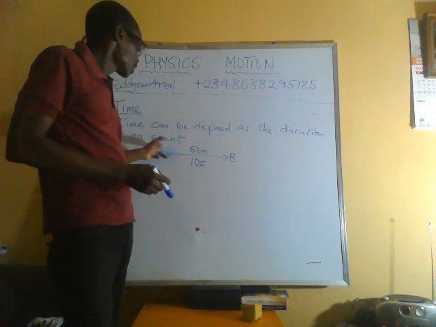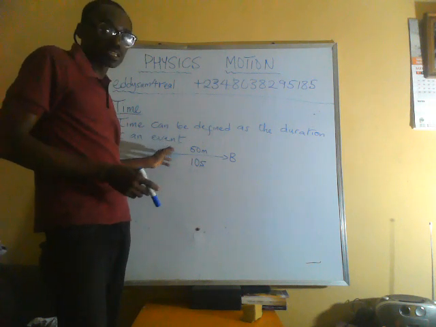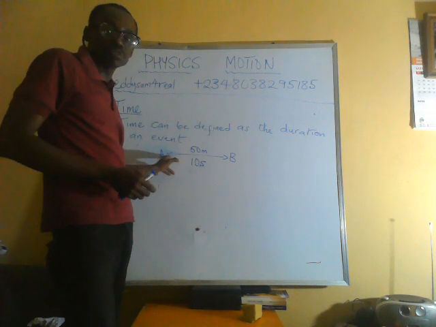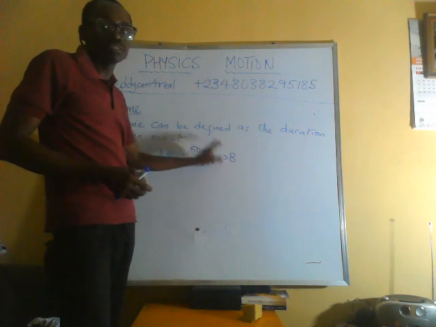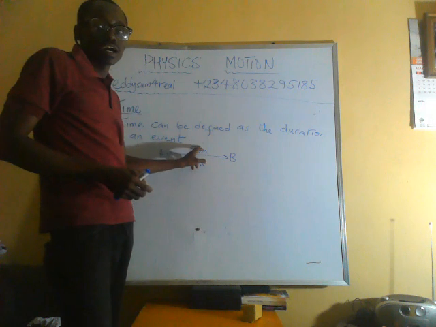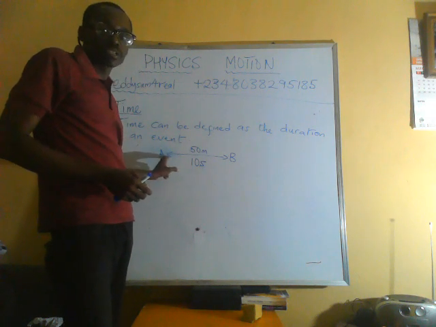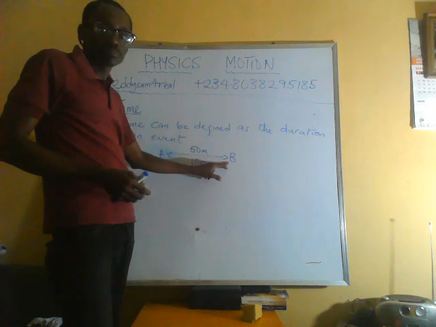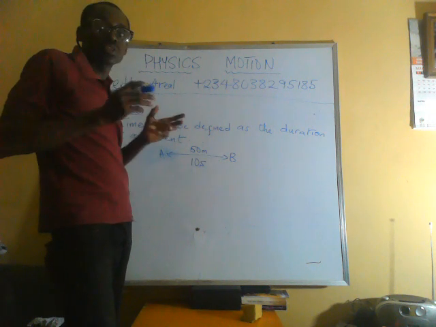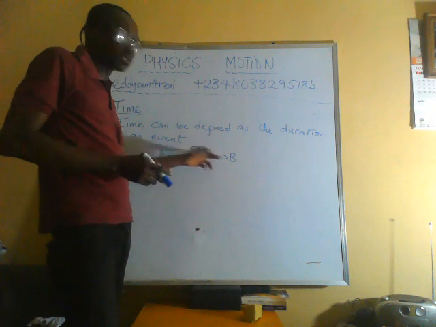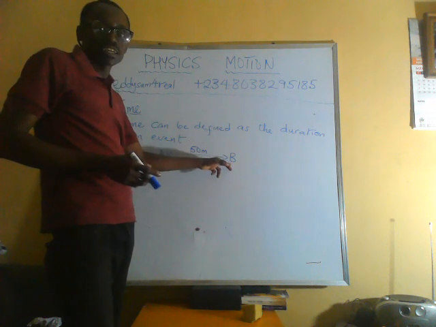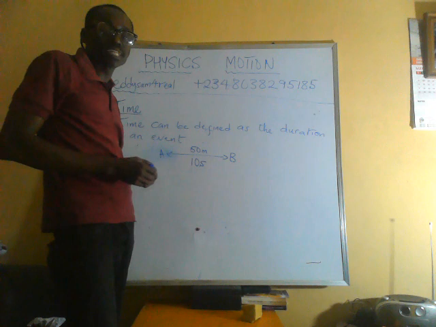Take for instance, let's assume that the distance between a point A and B is 50 meters, and I ran from A to B. How long does it take me to run from A to B? Let's assume it takes me 10 seconds.